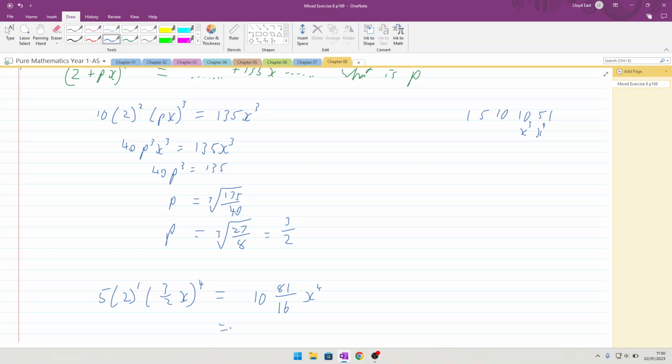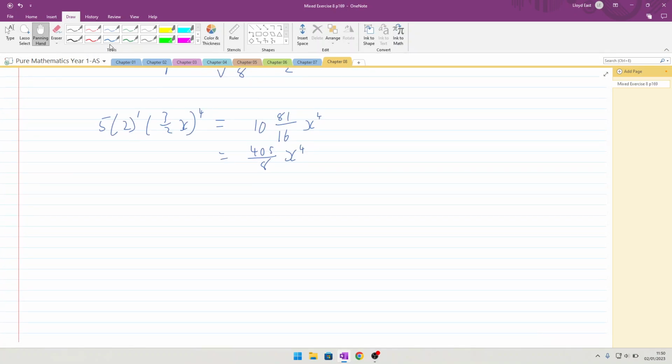Okay, so 81 divided by 16 multiplied by 10 is 405 over 8, x to the 4, giving us a coefficient of just 405 over 8.